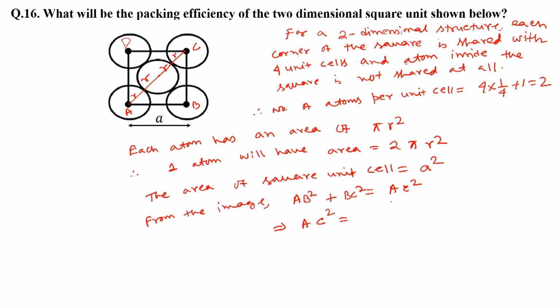So AC square is a square plus a square, because AB is a and BC is a.